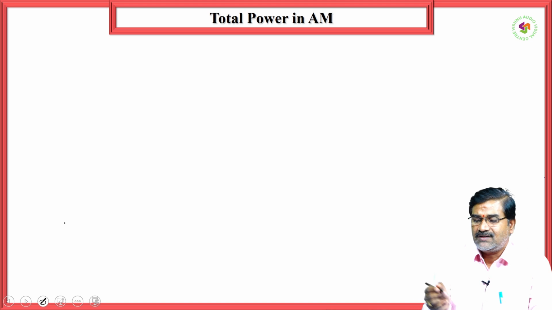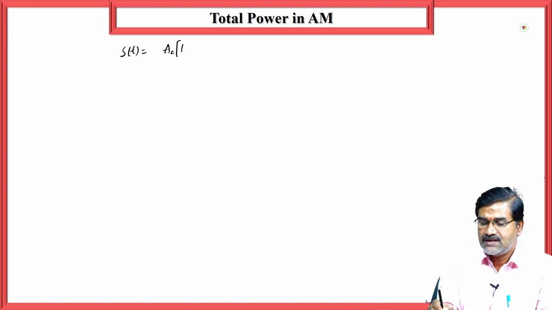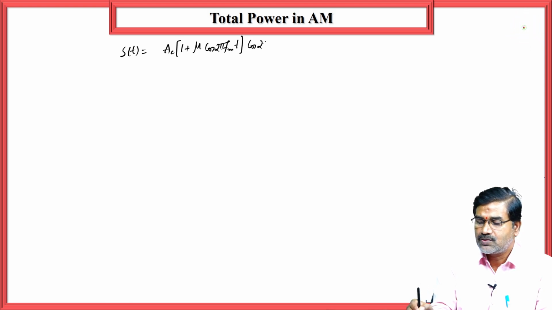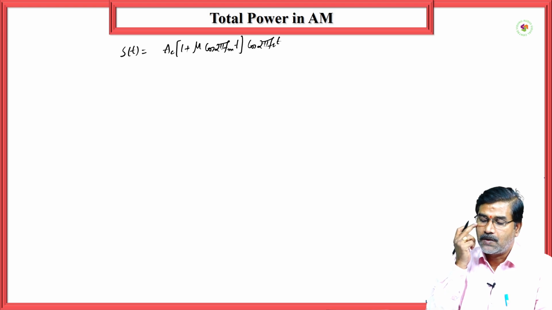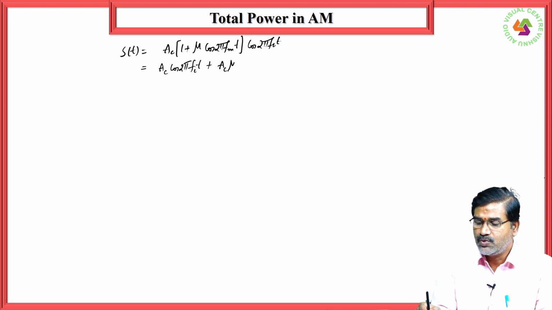And if you continue with this discussion, you got S of t is equal to Ac into 1 plus mu cos 2 pi fm t into cos 2 pi fc t. Now this can be extended as Ac cos 2 pi fc t plus Ac mu cos 2 pi fc t into cos 2 pi fm t.